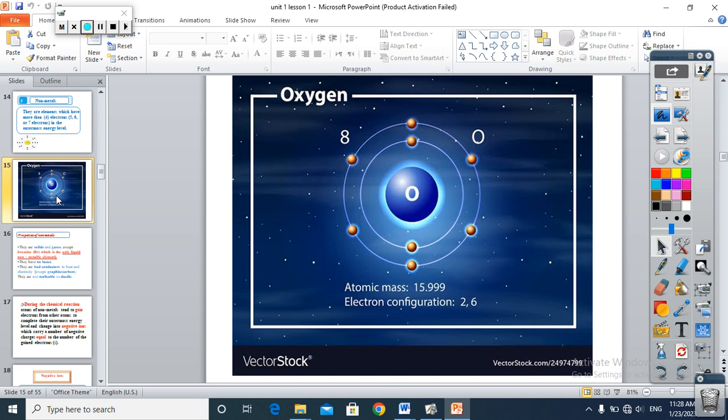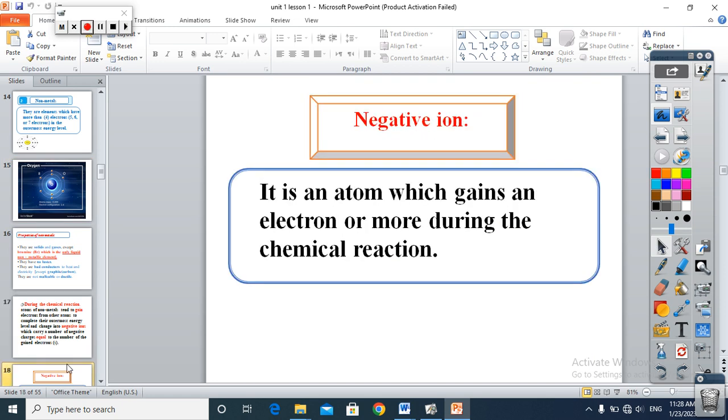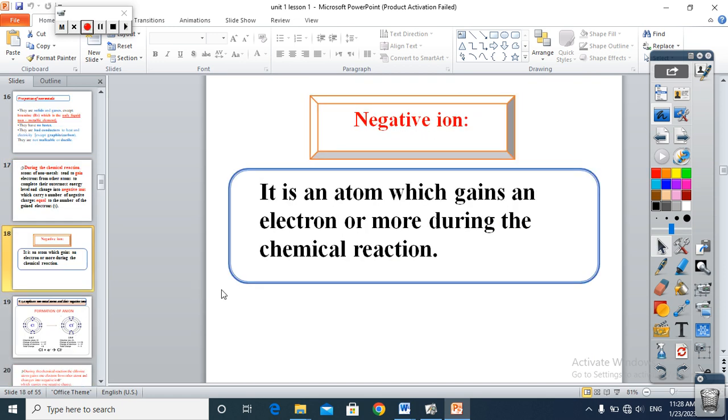When phosphorus gains 3 electrons, it will carry negative 3. When chlorine gains 1 electron, it will carry negative 1. What about negative ion? Negative ion is an atom which gains an electron or more during the chemical reaction.